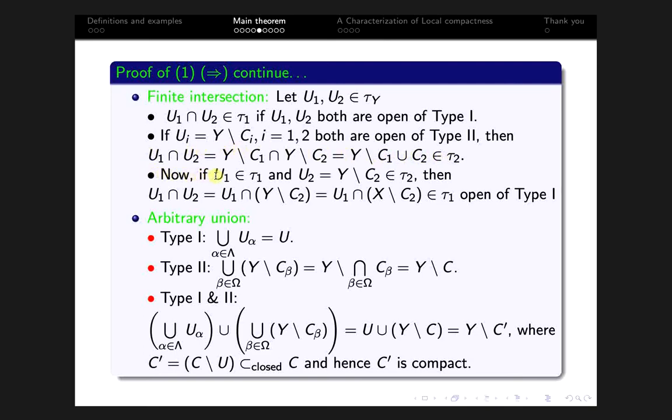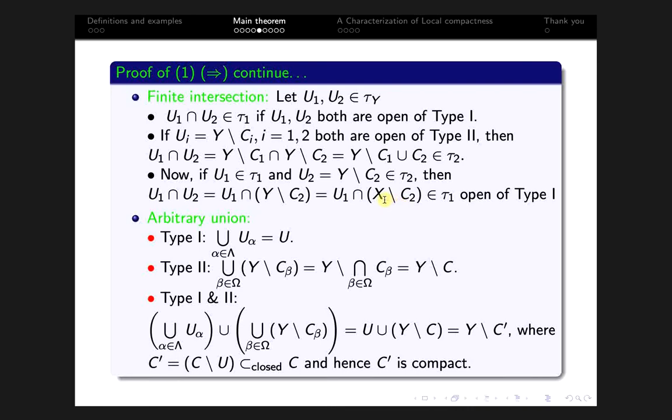Now if U1 in tau 1 and U2 in tau 2, that is U1 is open of type 1 and U2 is open of type 2, then for U2 we have some compact subset C2 of X such that U2 equal to Y minus C2. Now U1 intersection with U2 equal to U1 intersection with Y minus C2, and that is equal to U1 intersection with X minus C2.